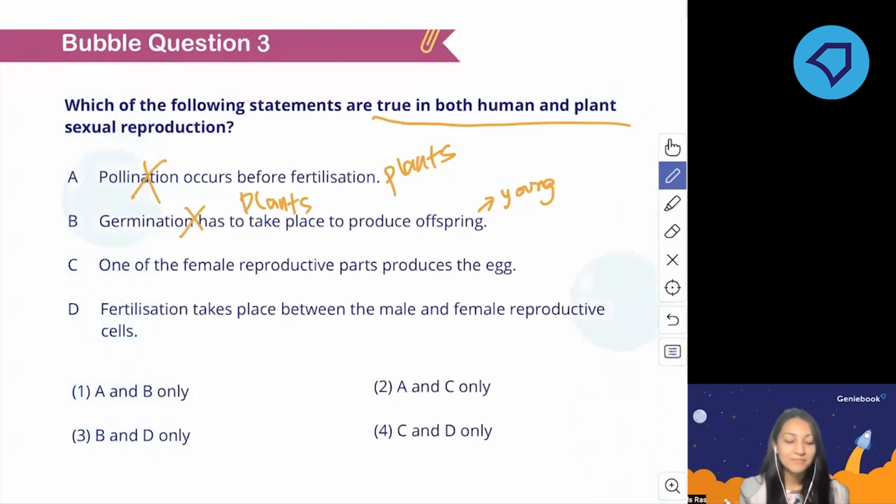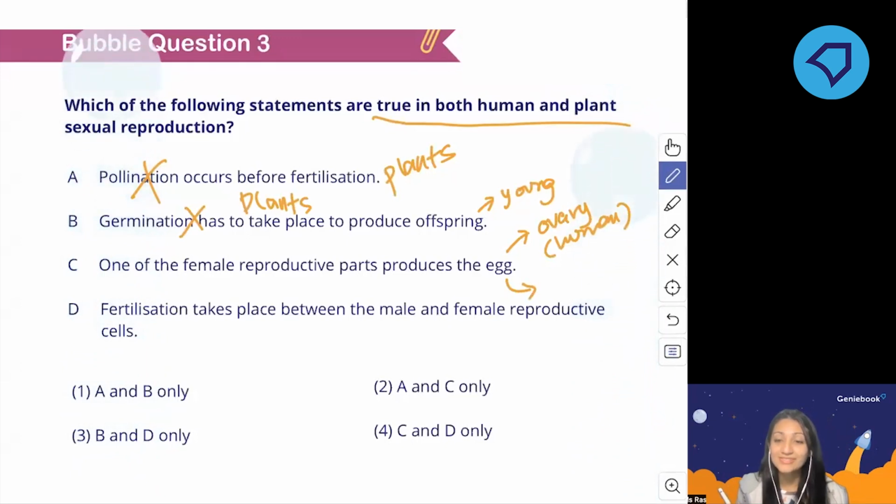Then part C, one of the female reproductive parts produces the egg. This is true. For humans, which part produces the egg? Quick test. Which part of the human reproductive system produces the egg? It will be the ovary. Good. Then how about plants? Ovum? Nope.